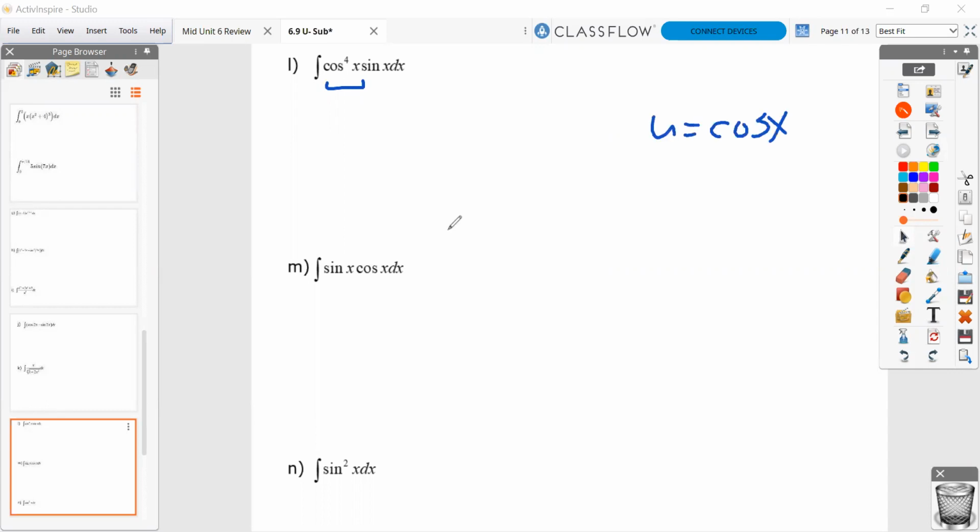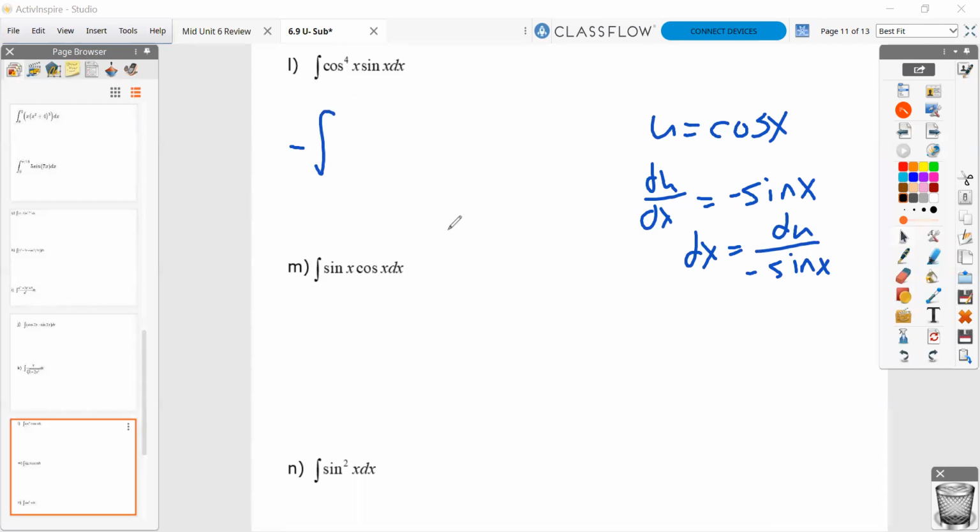This means when I plug it in, I'll end up with a u to the 4th, which is not bad for me to deal with. du dx is negative sine of x. And I think you can see how dx is just du over negative sine of x. So we're going to divide out, and we're just going to have an extra negative in here. So this becomes integral, negative, and then u to the 4th du.